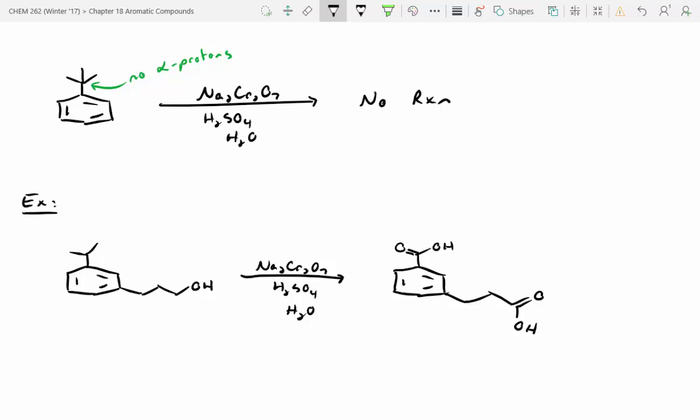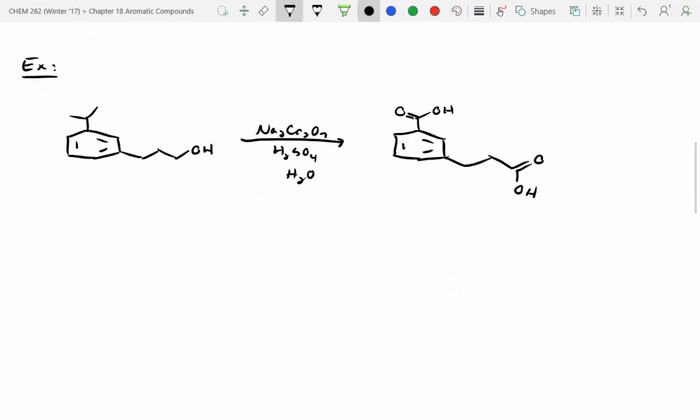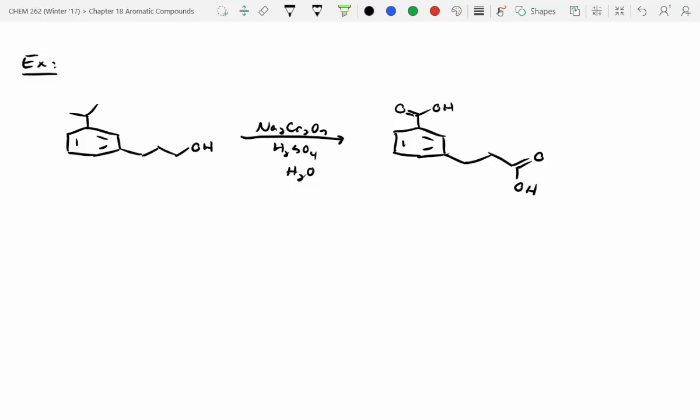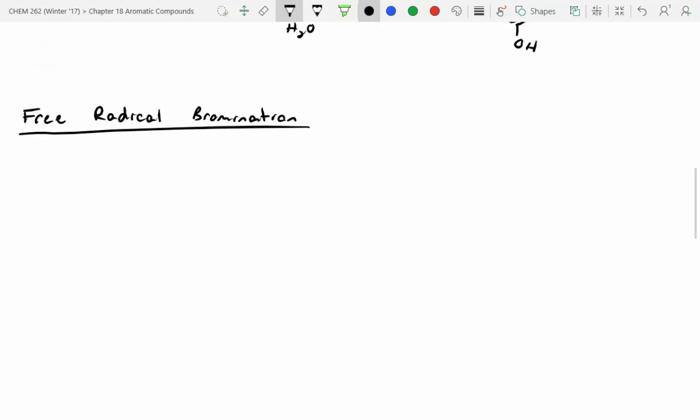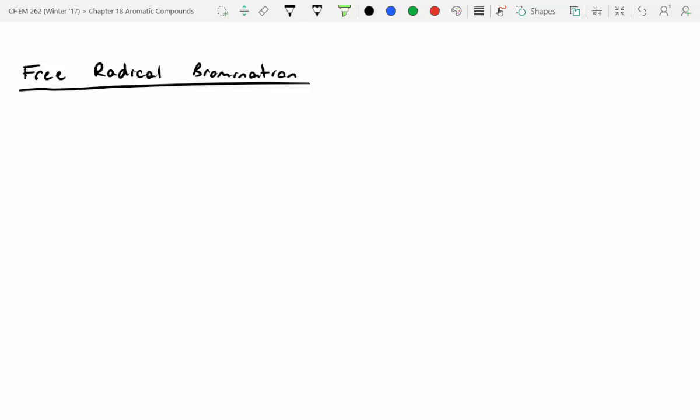There's also one last reaction I want to show you guys, and then we'll call it quits for the day. This is free radical bromination. And if you've got a benzylic carbon, you can essentially treat it like an allylic carbon.